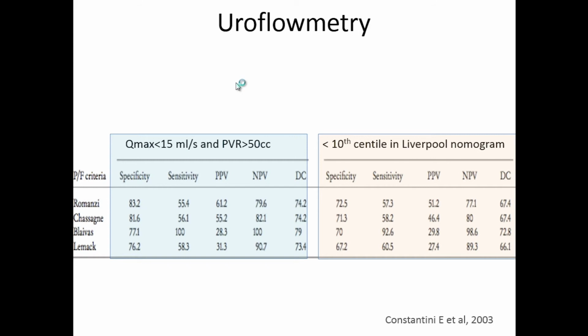The two cutoffs have been compared, and you can see there is very good agreement in both. However, there are still some women that are obstructed but have a higher Qmax on flowmetry.